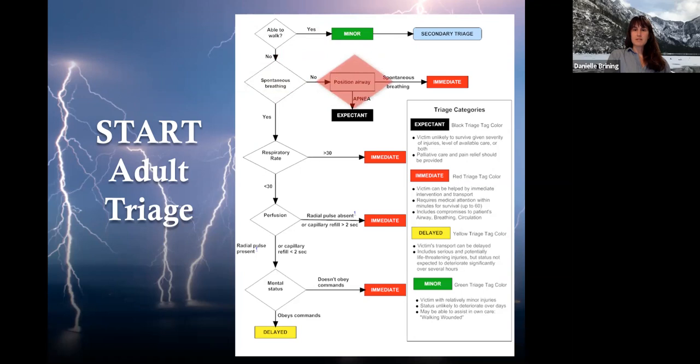If there's no spontaneous breathing, you position the airway once with the jaw thrust or the head tilt, chin lift maneuver. And if there's still no spontaneous breathing, then you label them black. This is expectant, where they're either deceased or mortally wounded and not expected to survive without significant resources.